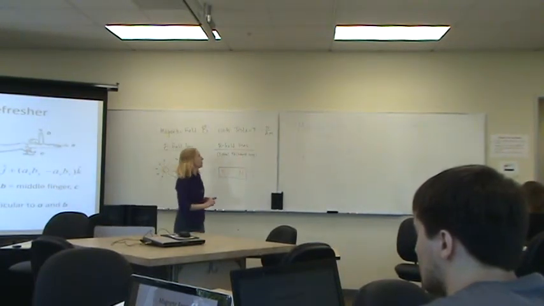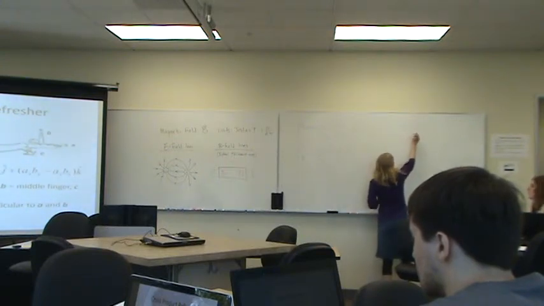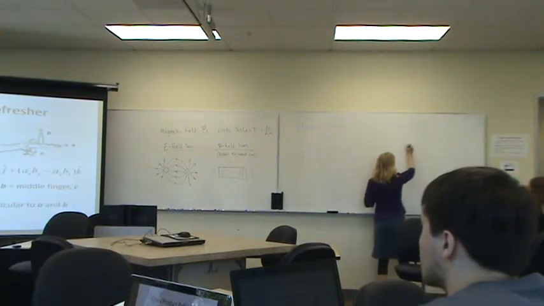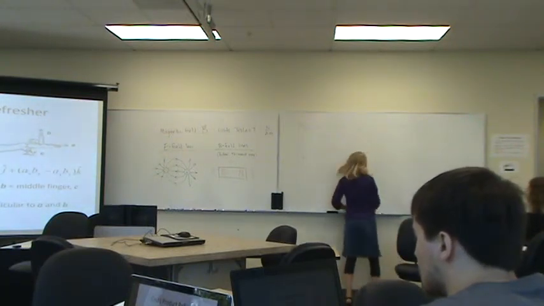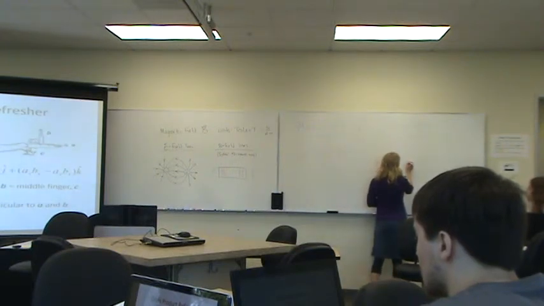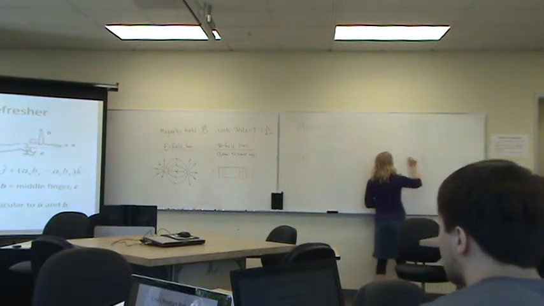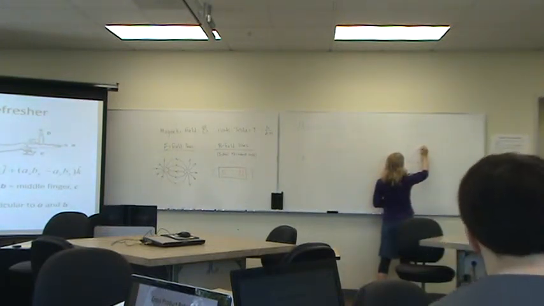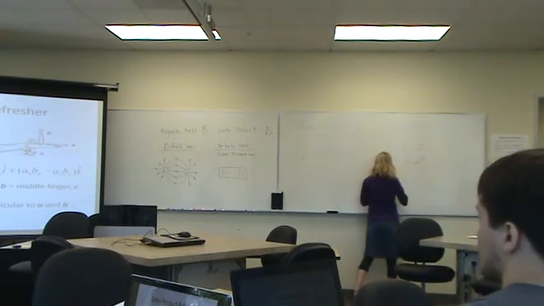So if you have some vectors, A and B, and you decide to cross them, do a cross product with them. So let's say A is in this direction and B is in this direction. Just not do three-dimensional right now.